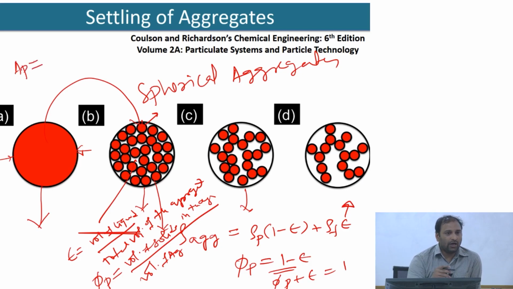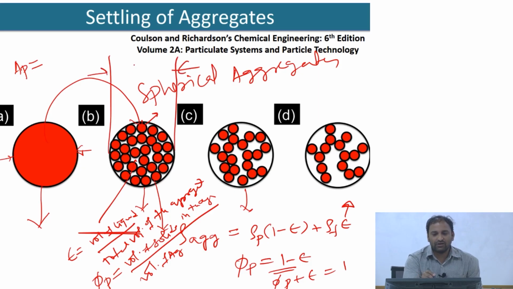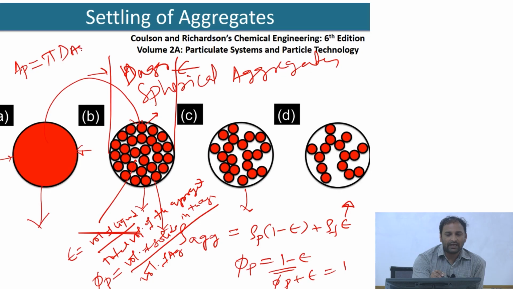Now, instead of a solid sphere settling, I assume that an aggregate is settling, and if I have some way of measuring the diameter of the aggregate, the projected area would still be pi d aggregate square divided by 4.